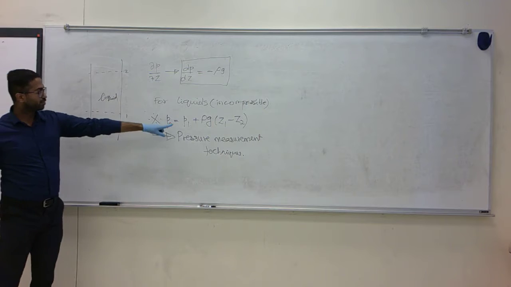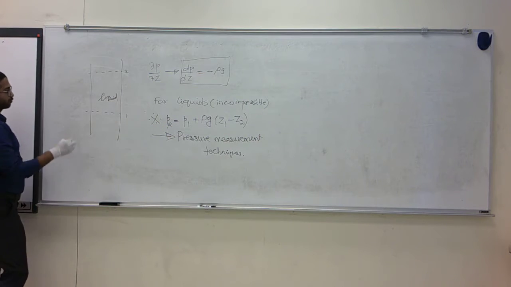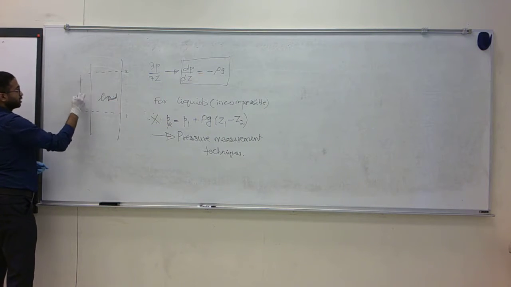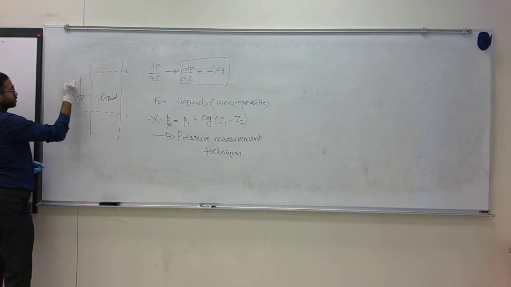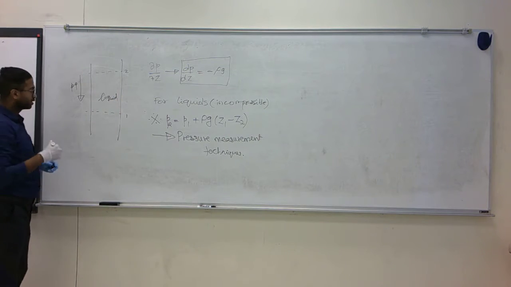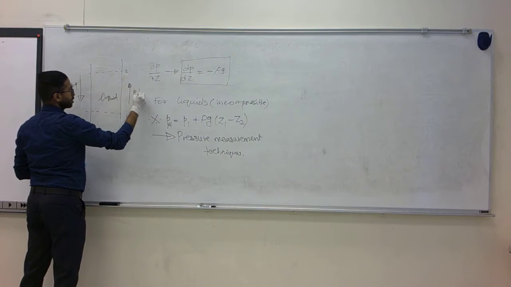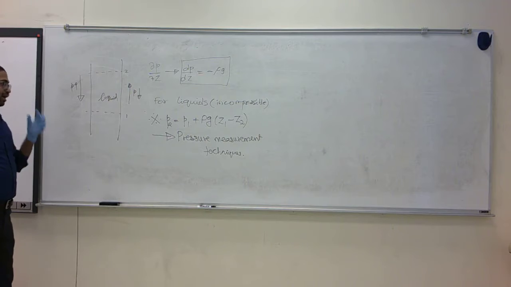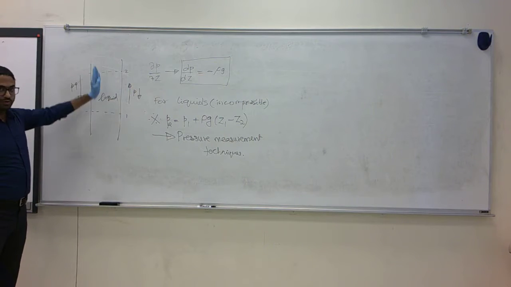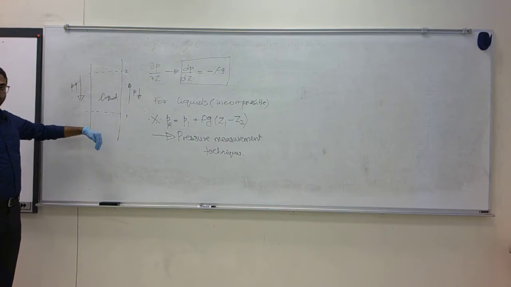What this equation simply states is that if 1 is below 2, pressure increases with decreasing depth, and pressure decreases with increasing height. Pressure increases as you go up, pressure decreases as you come down.